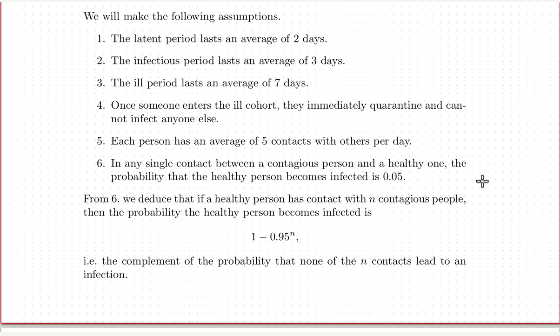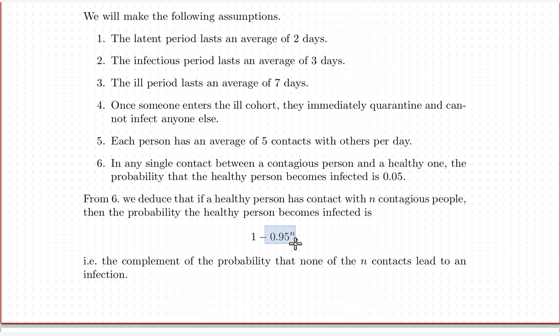The probability that they do not become infected in a single contact is the complement of 0.05, which is 0.95. In the course of n distinct contacts with infected people, the probability of never becoming infected in any one of them would be 0.95 to the nth power.